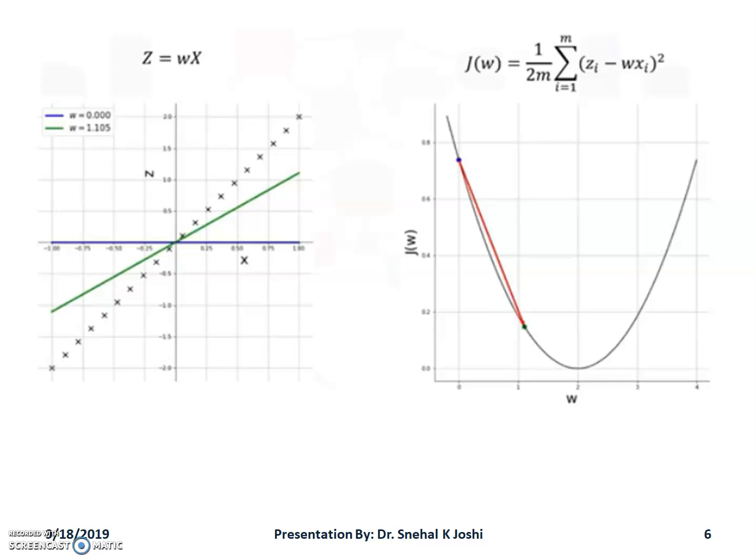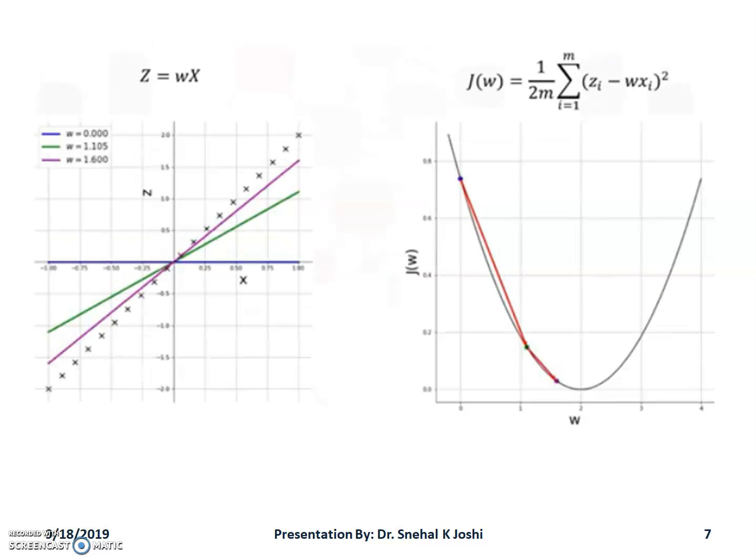Now, with every iteration, we will take a step towards the global minimum value, and the step will be determined by the learning rate. The learning rate is a step value that will lead to the next value of w. Suppose we call the start value w0. Then the next value, which we call w1, is obtained using the derivative of the cost function, dJ by dw, with the learning rate.